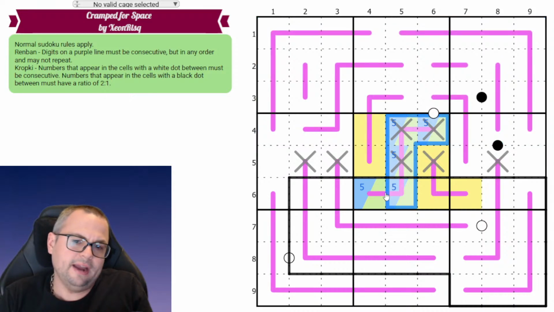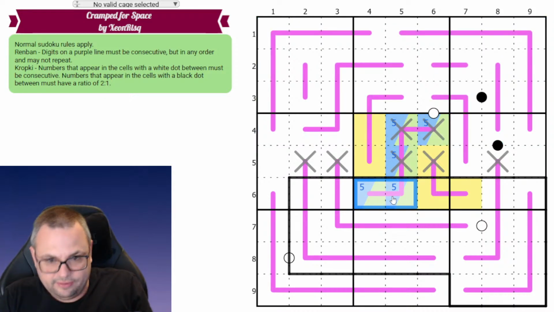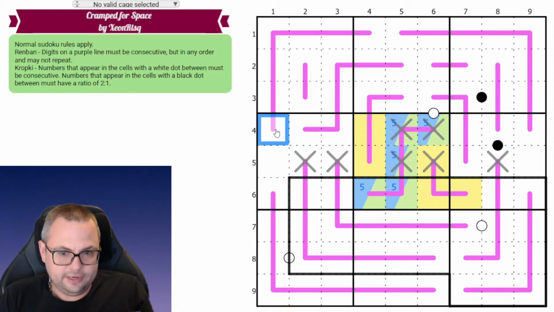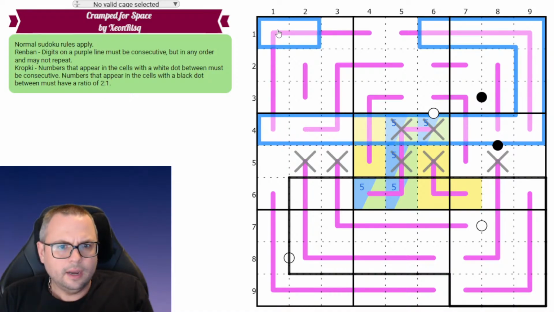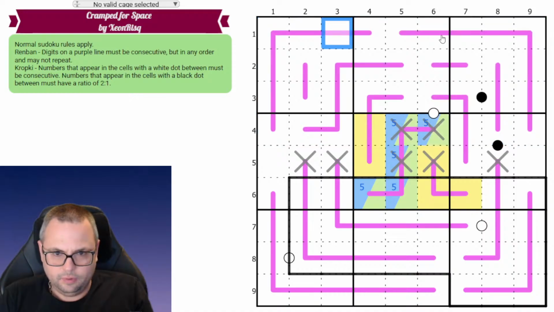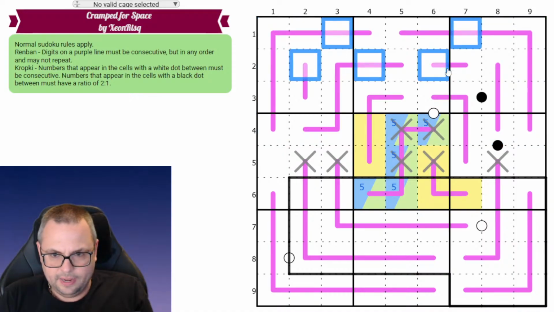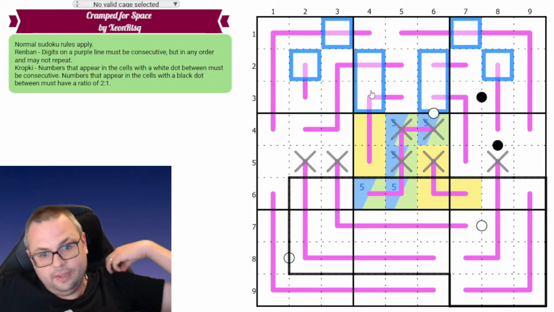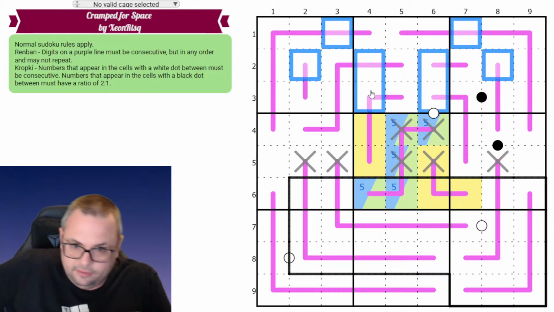If I ignore the fact that this one has a 1 9 that I know is down here, the 1 9 of this is down here, so I'm not counting that one. So I think that actually does work, strangely enough. Let me just double count again. 1, 2, 3, 4, 5, 6, 7, 8. Yeah, that does work. Okay, so we do need our 1 9s on these Renban.